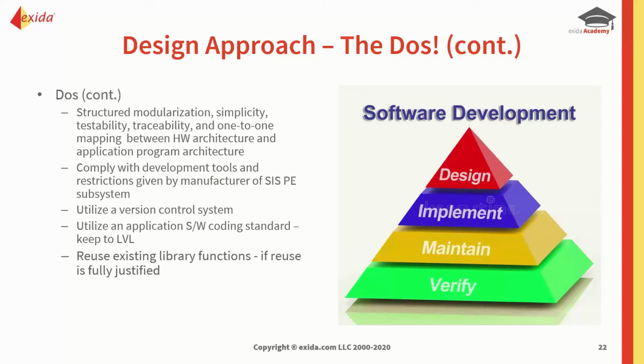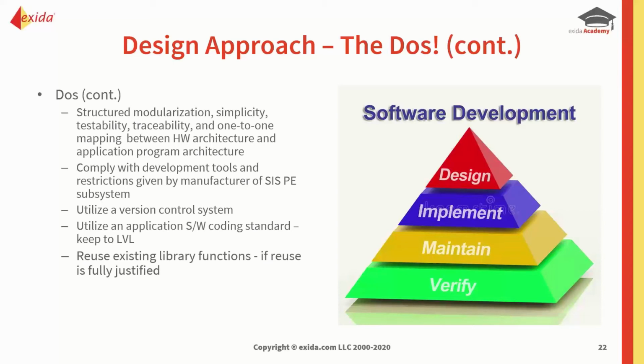And then utilize a coding standard whereby we keep it to LVL. And again, as I said earlier, if we don't keep it to LVL and we use FVL, full variability language, and if we're not following 61508-3, then we're going to have problems. The other thing you can do is use existing library functions.